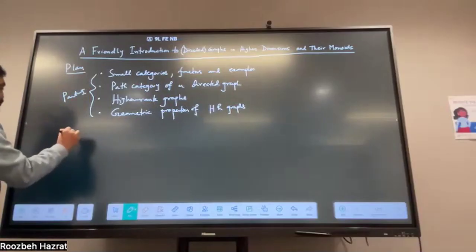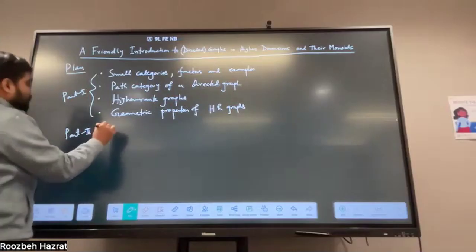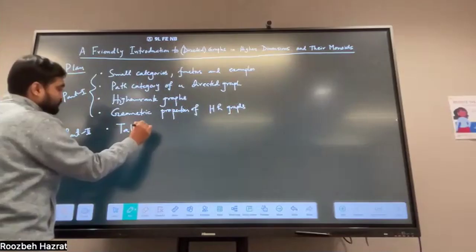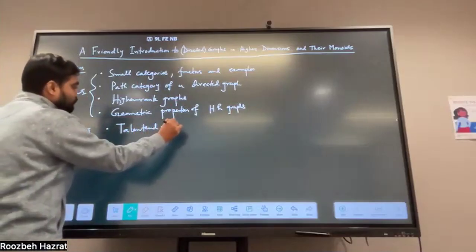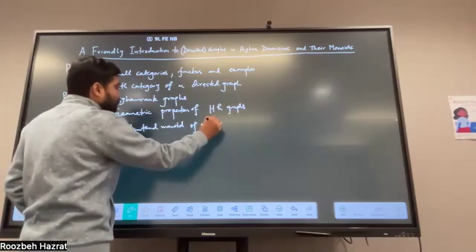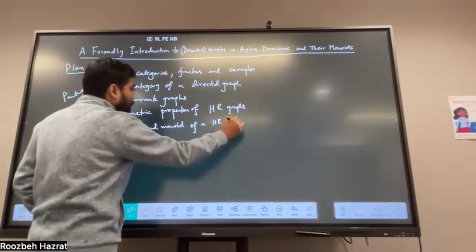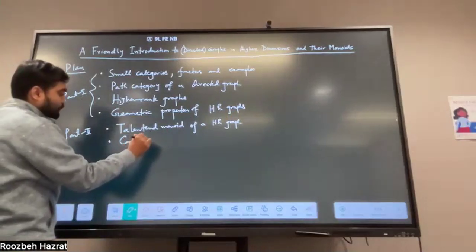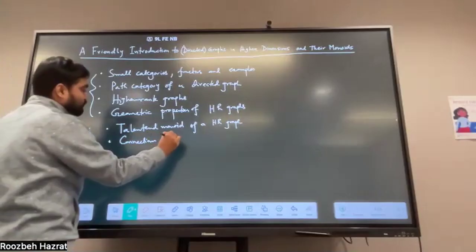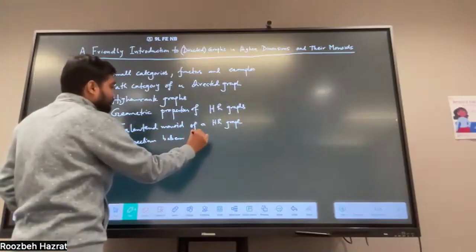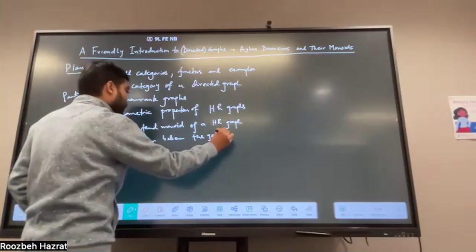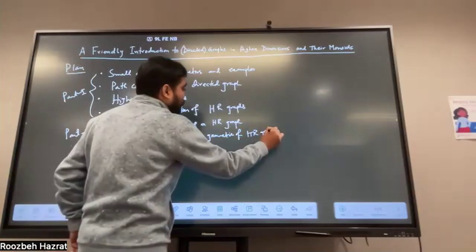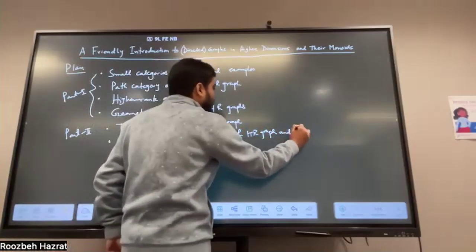And the second part, I will talk about monoids, which one can associate with higher rank graphs, the talented monoid. The connection between the geometries of a graph and the monoid.